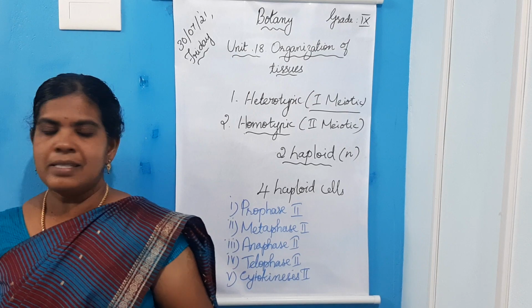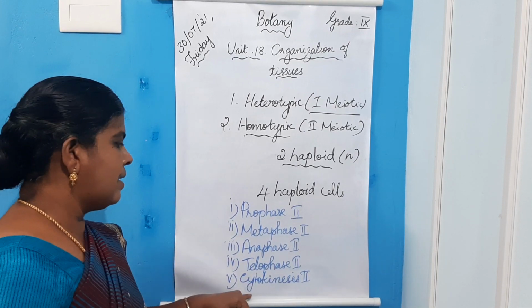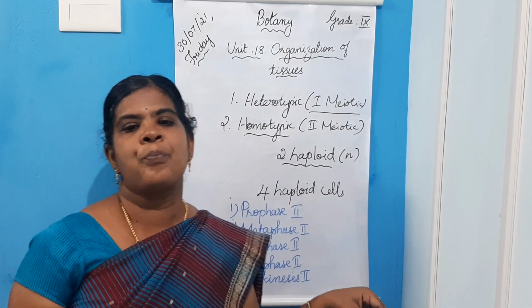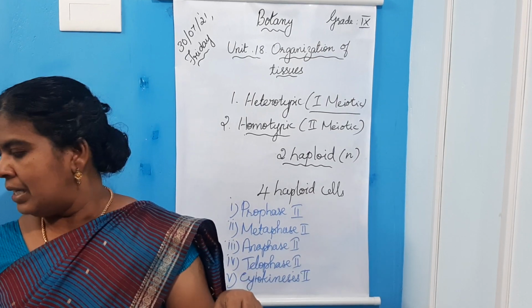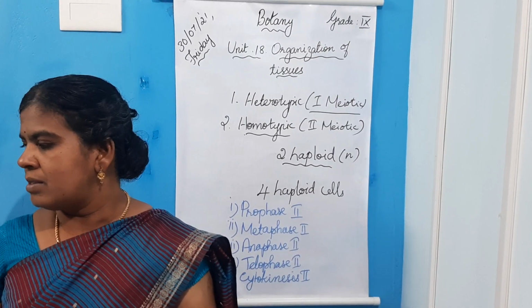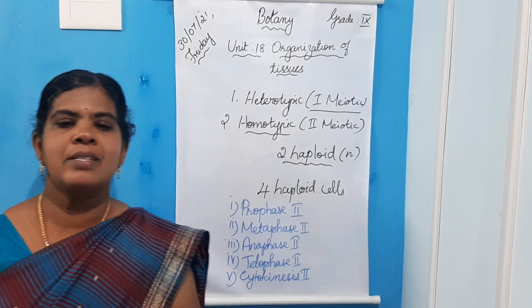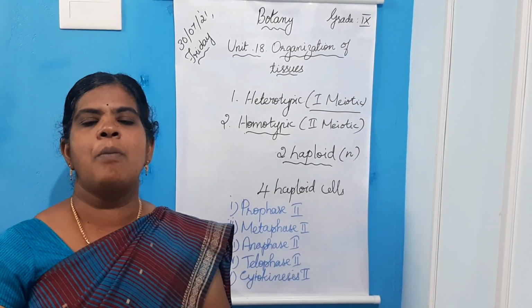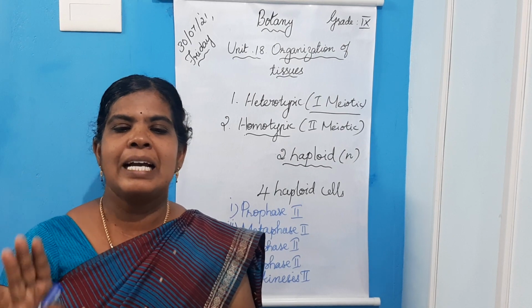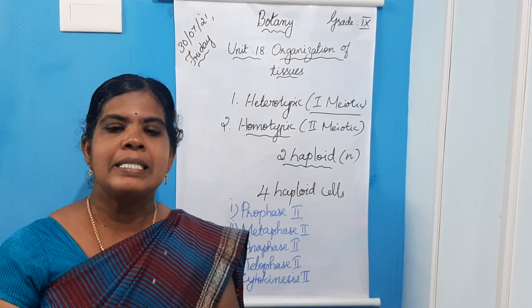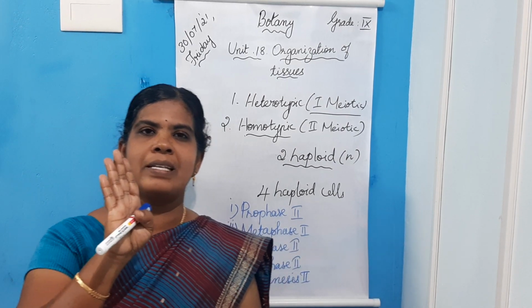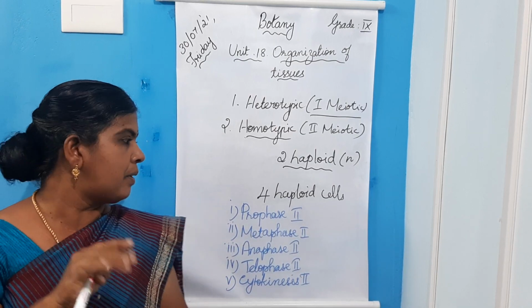Then what is the next phase? Cytokinesis 2. In cytokinesis 2, two cells are formed from each haploid daughter cell, resulting in the formation of 4 cells with haploid number of chromosomes.